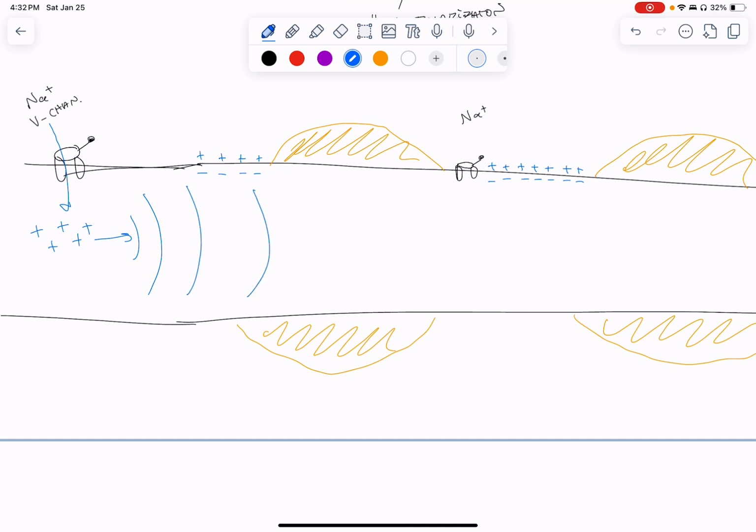And as it was described in classes, it's called the length constant. The length constant essentially describes how far down the axon the signal will propagate until you need additional stimulation to further the signal.